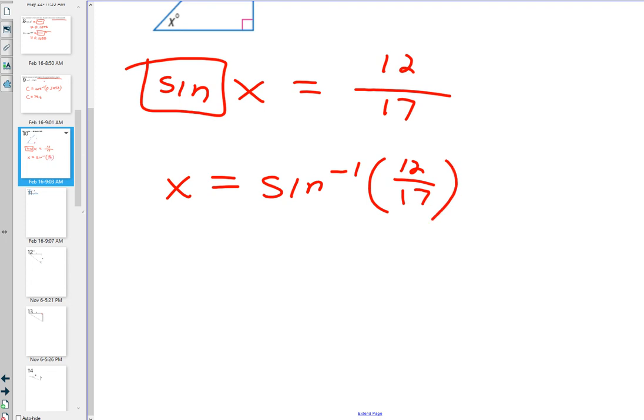Does somebody here have a one-line display calculator? Because on those you have to put the division first, and then hit the inverse sine. What'd you get? 45? Anybody disagree with that?